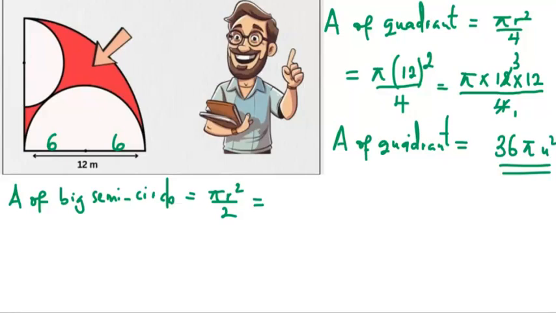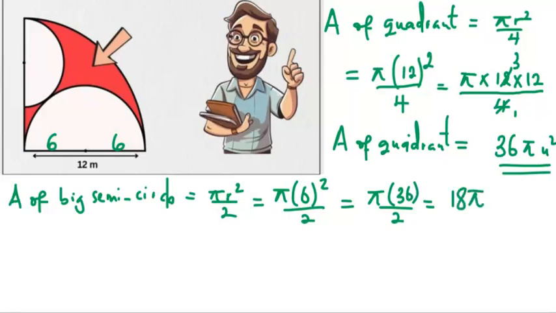So this is pi times 6 squared divided by 2, and 6 squared is 36, then divided by 2. And 36 pi by 2 is 18 pi square units.